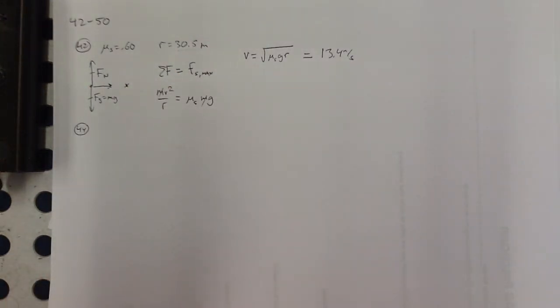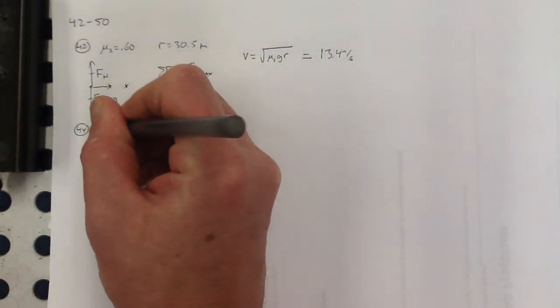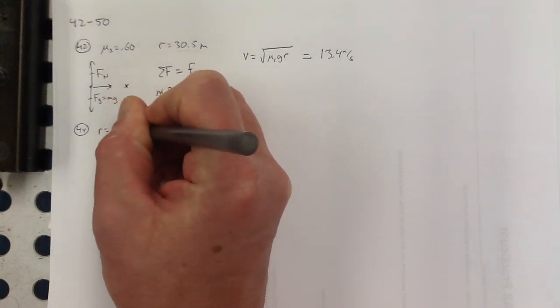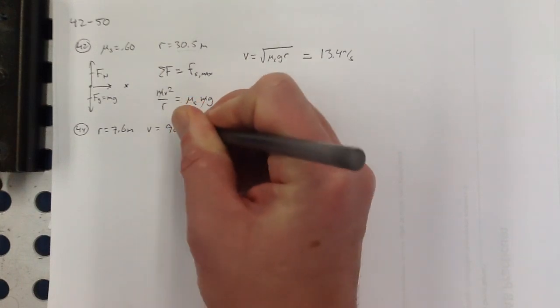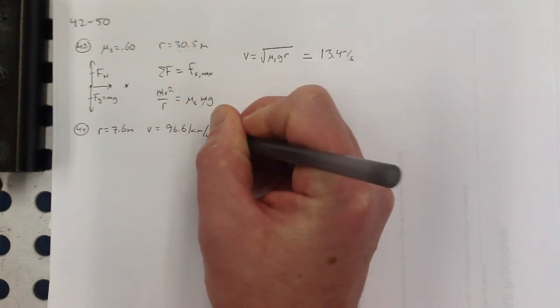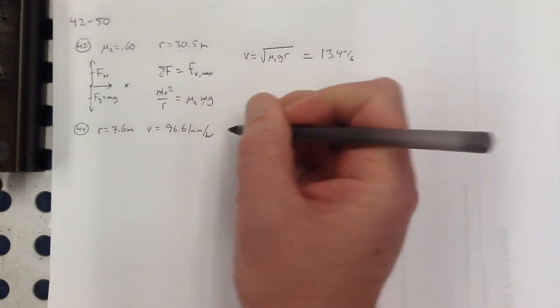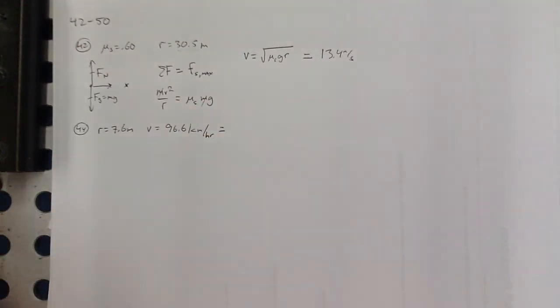44, during an Olympic bobsled run, the Jamaican team makes a turn of radius 7.6 at a speed of 96.6 kilometers per hour. If you're wondering why is this book so obsessed with kilometers per hour? Well, when you're talking about that kind of speed, like the speeds of cars and other such things, like bobsleds that go about that range of speed, the rest of the world uses kilometers per hour.